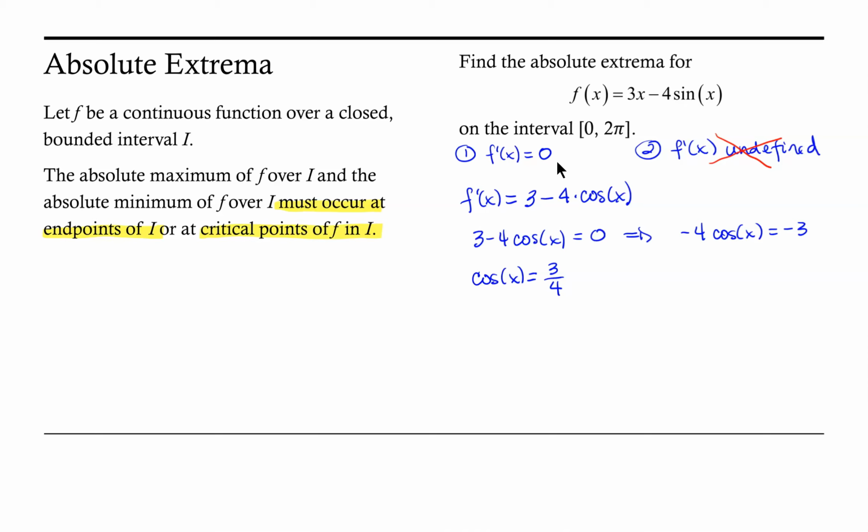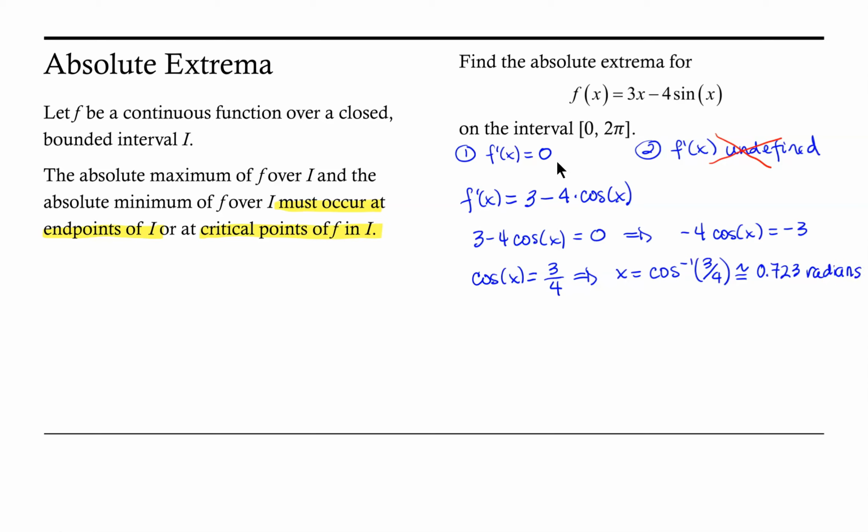However, the angle does exist that creates a cosine of 3/4, and we can communicate that by saying x is equal to the inverse cosine of 3/4. Just so you have a notion of how big that is, that's about 0.723 radians.